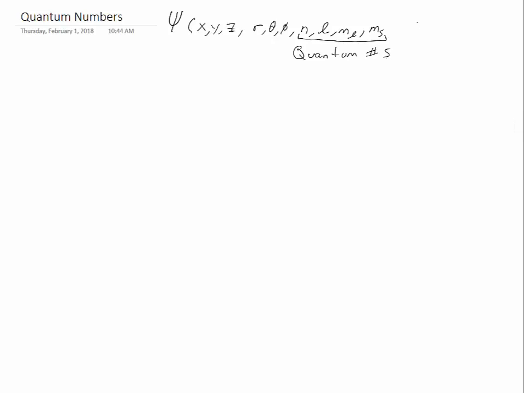Recall that we can perform an operator on the quantum wave function. The Hamiltonian operator can be used to determine the energies of different quantum states, and squaring the quantum wave function gives us the probability of finding an electron within a described volume.